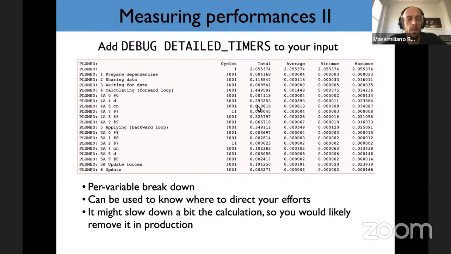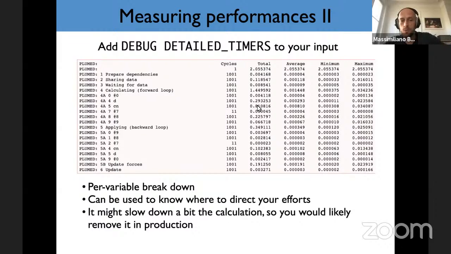So in this way, if you observe a slowing down of your simulation when you're using Plume, it's very easy to pinpoint the location in Plume that is the cause of this slowing down. So it's a good way to, let's say, debug problems or particularly intense parts of your calculation.